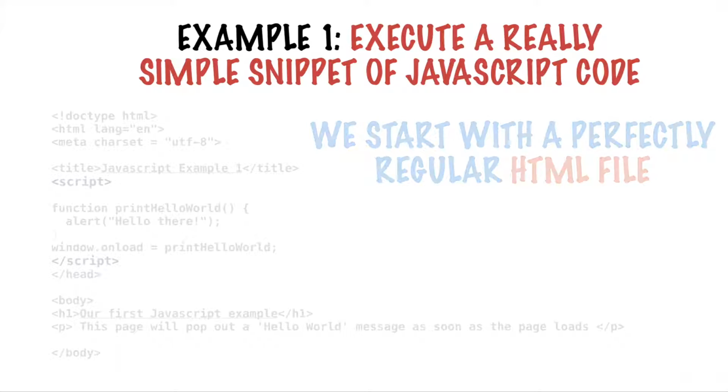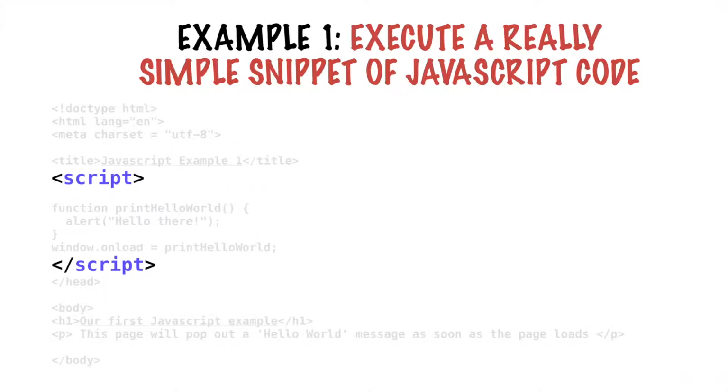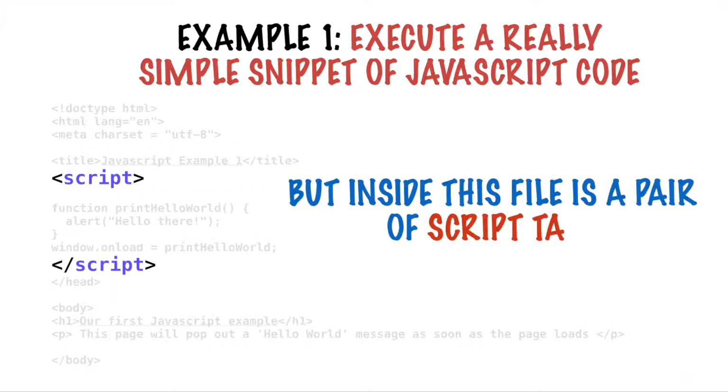What this file has, which we haven't seen before, is a new type of tag. This tag is called script. And notice that it's written just like any other tag, but we haven't seen this particular tag before. That's because we haven't written any JavaScript before this.